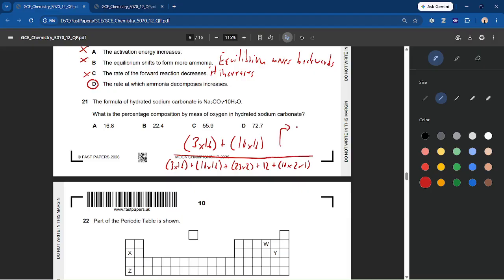If you simplify it, it comes out to 208 over 286, and then you multiply that by 100, and the final value comes out to 72.7%. The answer is D.